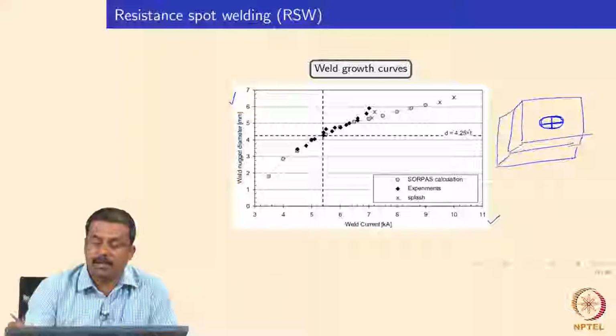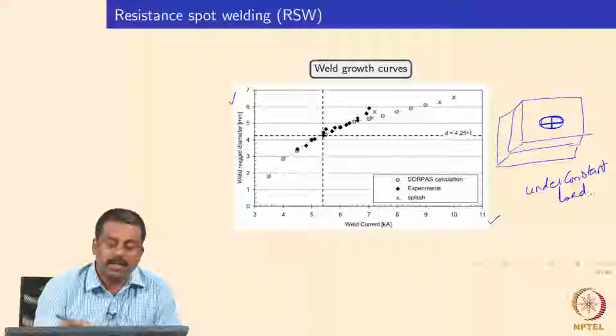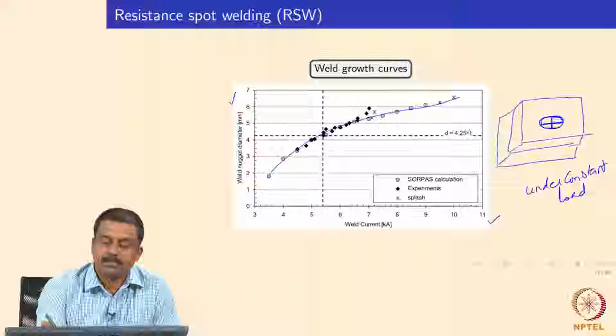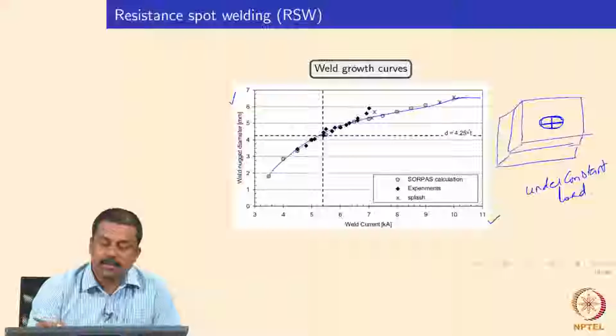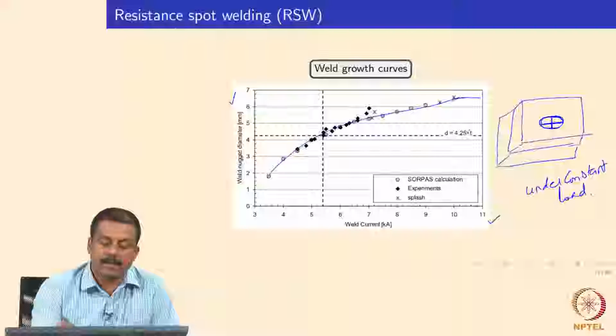So, we measure this weld nugget diameter as a function of welding current, by fixing the load constant. Generally it follows a curve something like this, and then it stabilizes. Basically, when you increase the current, you melt more volume at the interface, and due to that the diameter of the weld nugget increases, generally exponentially, up to a certain diameter.